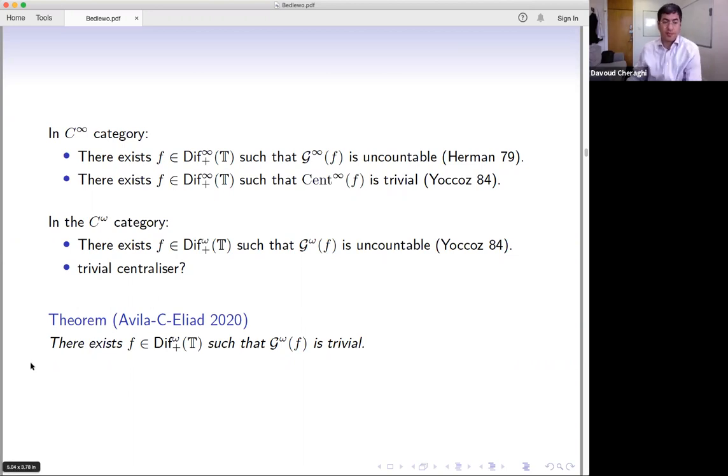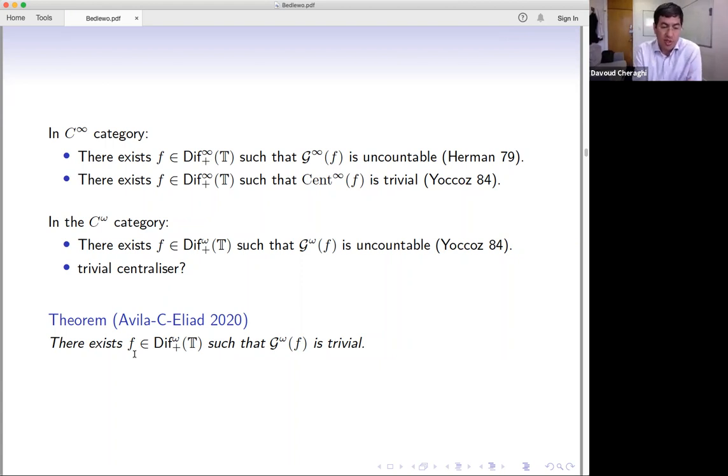Perhaps I should mention that this theorem is not in the spirit of the results of Herman and Yoccoz. Herman and Yoccoz give a very detailed description of the geometry of the orbits, and these are byproducts of those results. But in our case, we don't explain the geometry of the orbits, even for the example that we built.